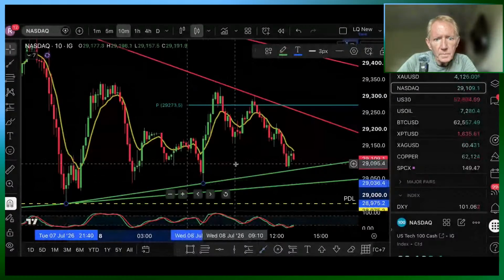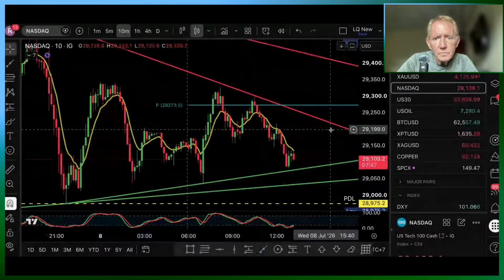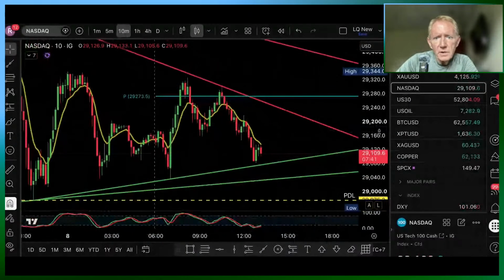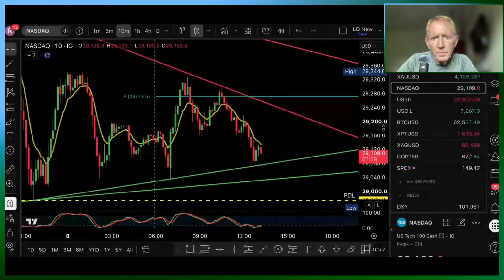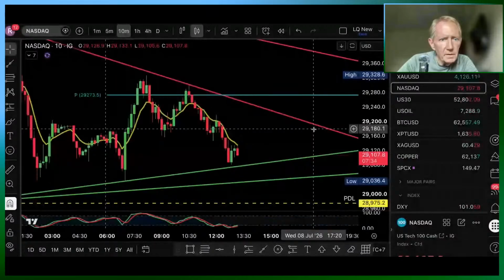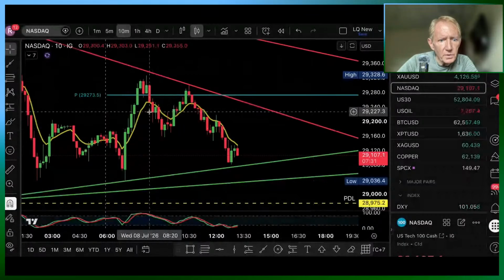There we go. And what I've been seeing is that with the Shanghai Singapore opening, sometimes you get a good move on the Nasdaq, and I think that's what you were telling me also.